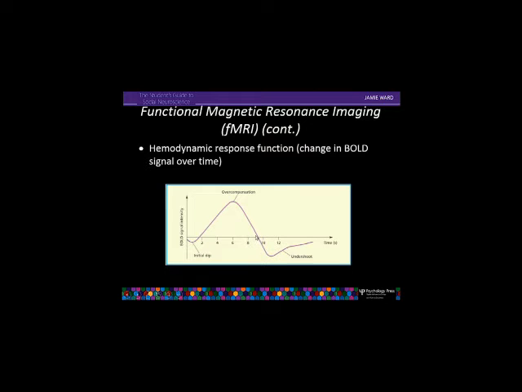In effect, you're doing a t-test at that little point in the brain, asking, is there more oxygen there when it's looking at a face than when it's looking at an object? Statistically, you're doing a gazillion t-tests at every part of the brain. Should it be significant, you colour that part of the brain in.